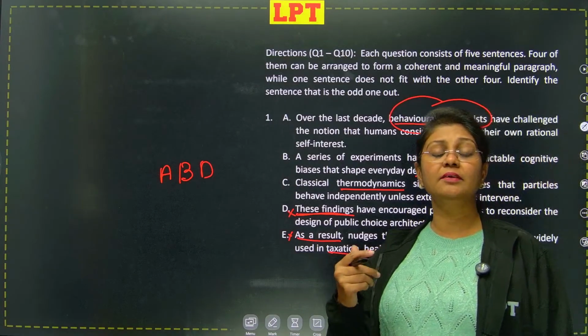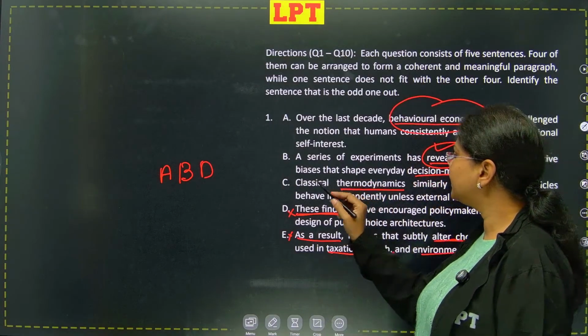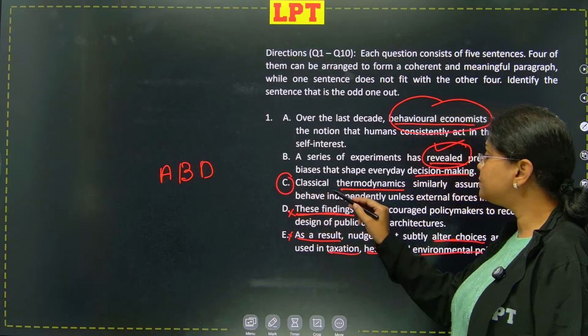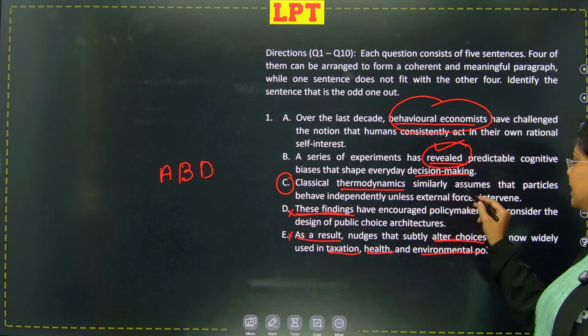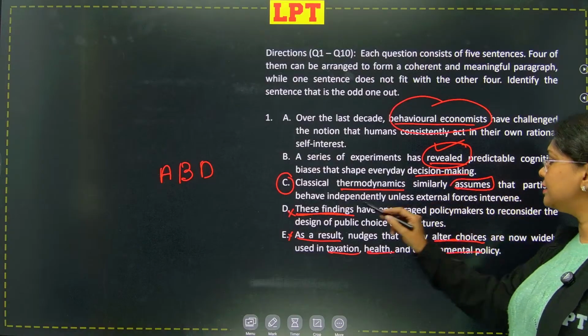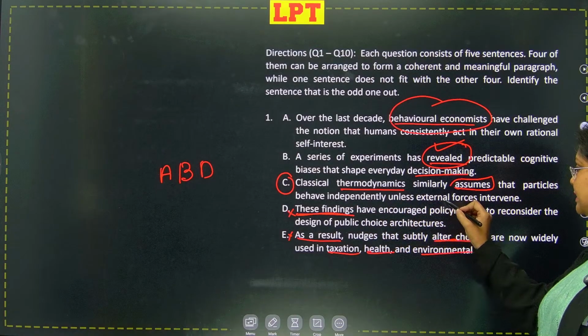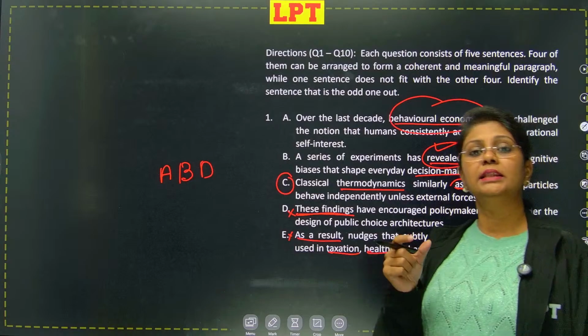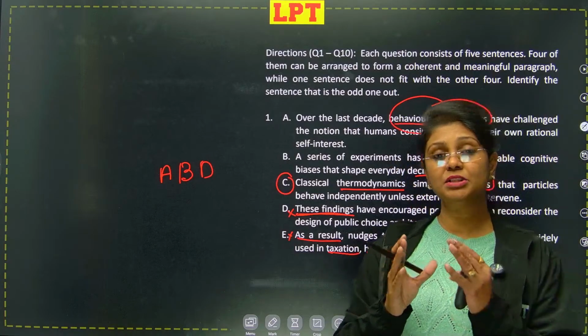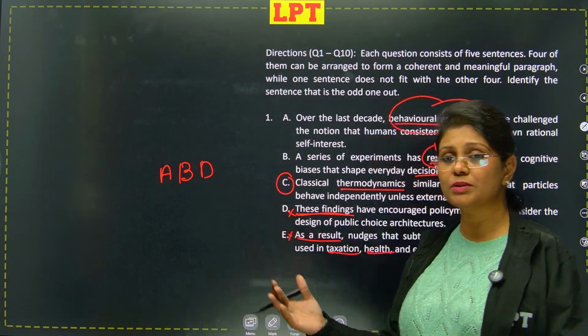On the other hand, if you look at this sentence, C, it talks about classical thermodynamics similarly assuming that particles behave independently unless external forces intervene. So, this is the sentence that does not gel with the rest of the four sentences.